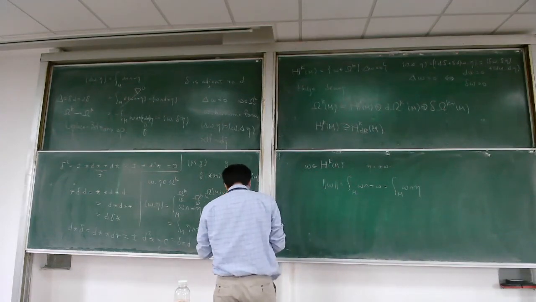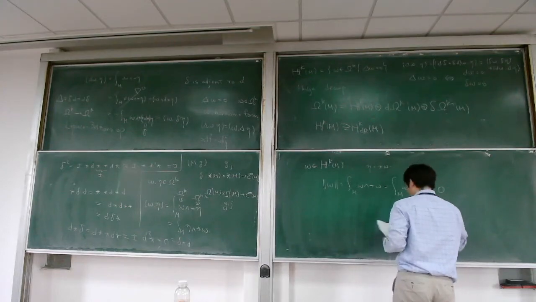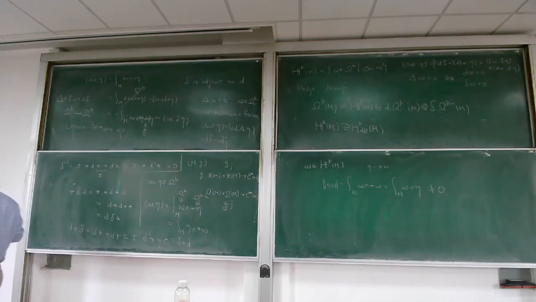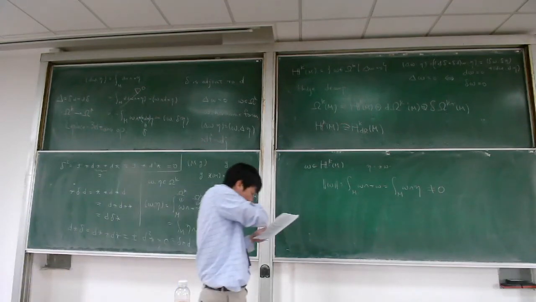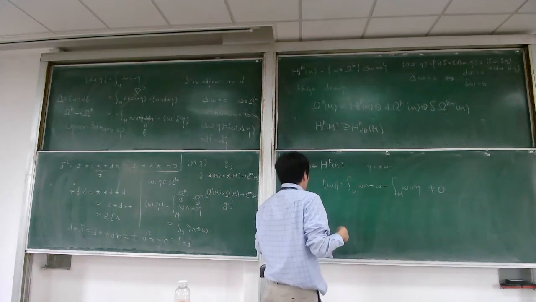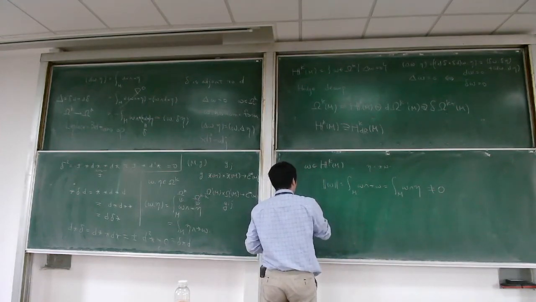And this is always non-zero. This is always non-zero, and also, therefore this leads to the so-called Poincare duality.